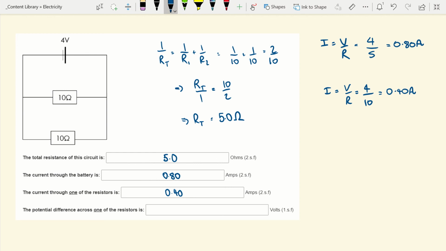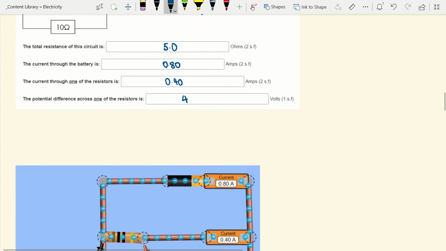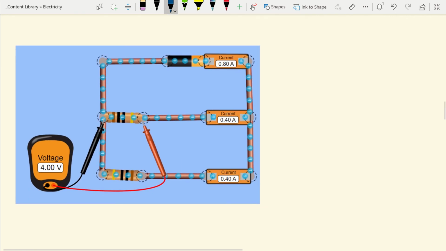So the potential difference across one of the resistors, well, that's nice and easy. It's just going to be 4. Because you can see here, we've got our power supply. So the energy is lost across this one. So it must be 4 volts, because if the EMF is 4, potential difference must be 4 as well. So let's actually see that in action.